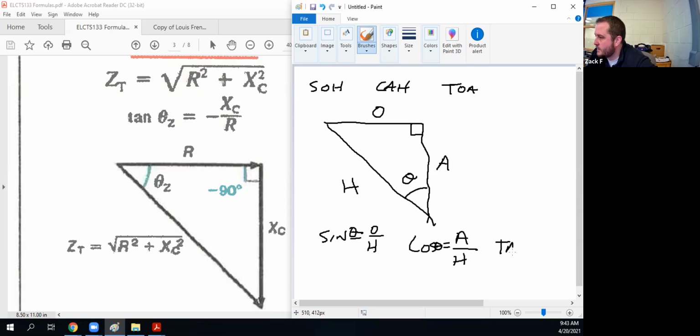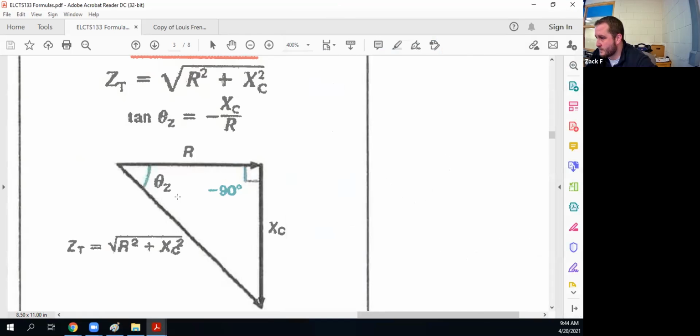The tangent of the angle equals opposite over adjacent. So in this triangle, if we're trying to find theta z, and what we are given is the opposite, which is capacitive reactance, and the adjacent, which is the resistance, the tangent of that angle equals opposite over adjacent. That's where this formula comes from.